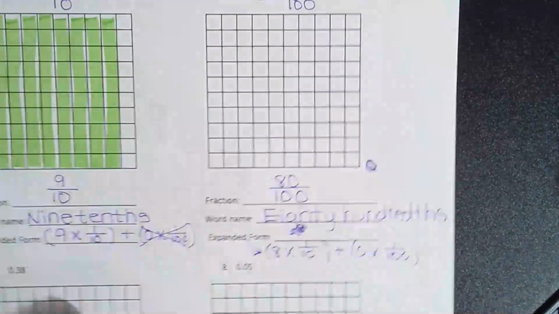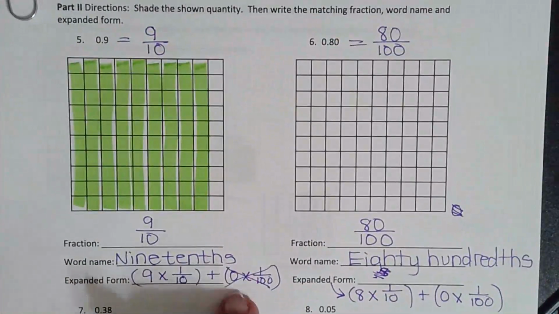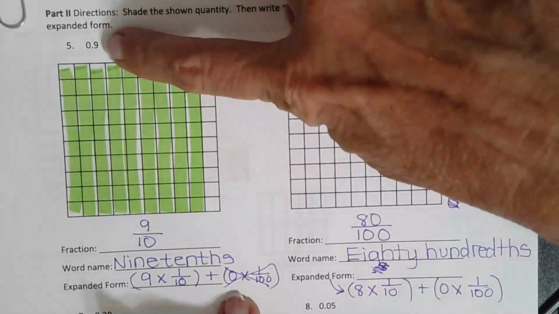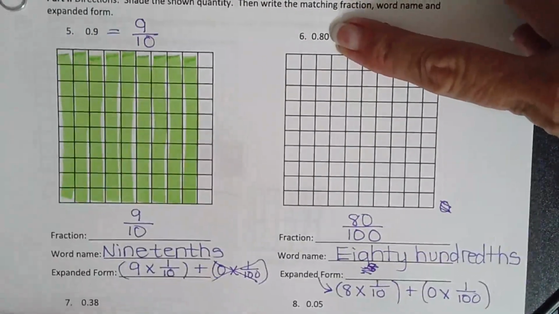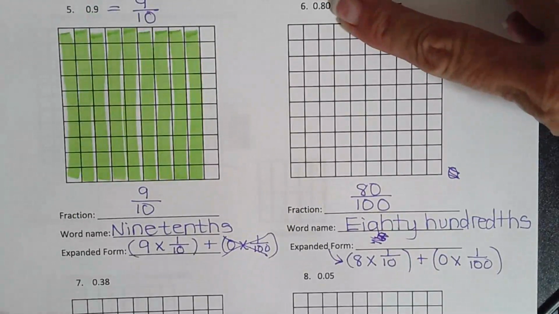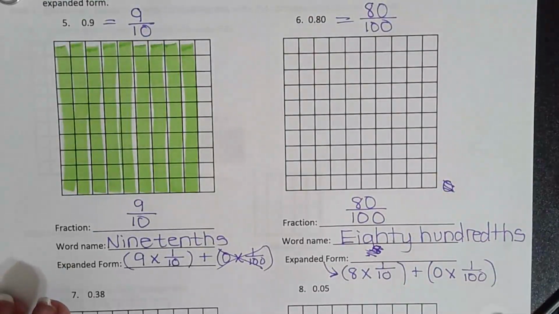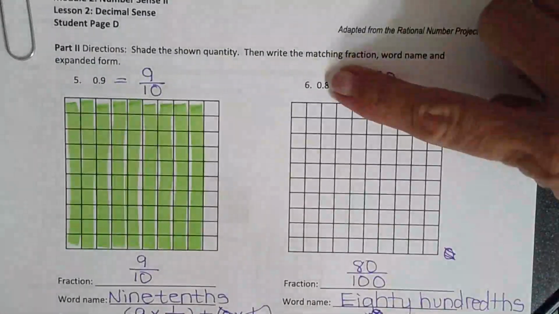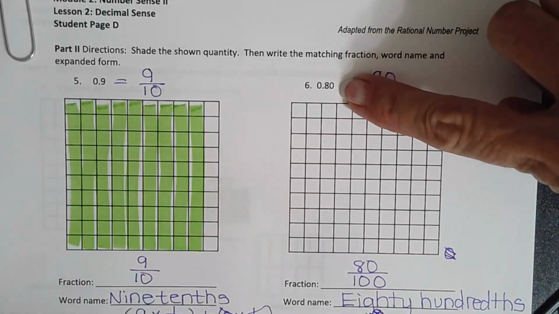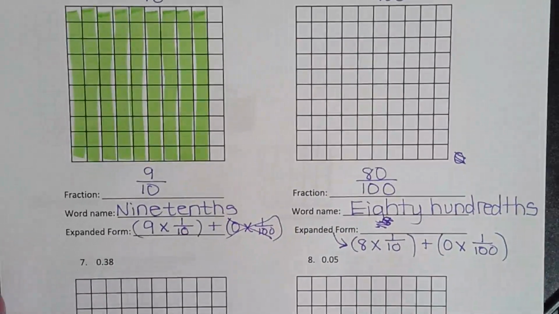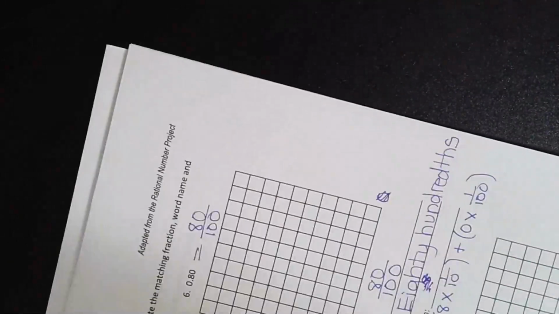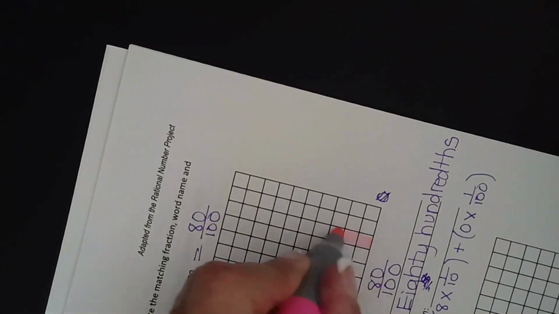Like I said, not really needed in the first problem because the original problem didn't have a 0 in the hundredths place, but here it does, so you probably do want to write 1 over 100. So 8 is in the tenths place, 0 is in the hundredths place. And that one would have 80 out of 100 colored in, so that would be 8 strips.